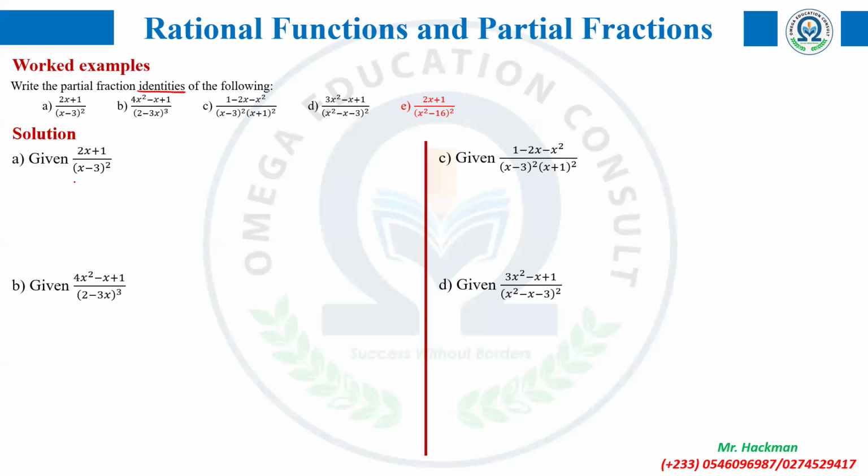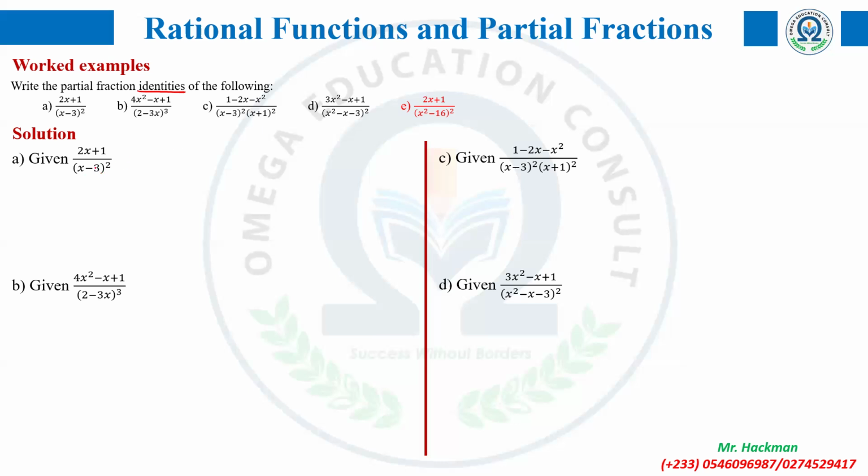Now, if you look at what we have here, the first question is very critical: whether this is proper or improper. Degree of the numerator is 1. What will be the degree of the denominator? Remember, I told you you need to expand first, but I gave you a trick to avoid the expansion.